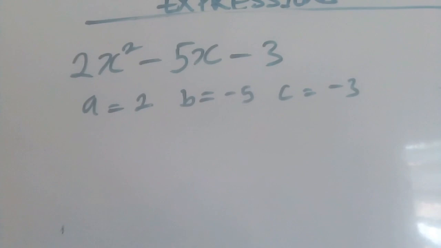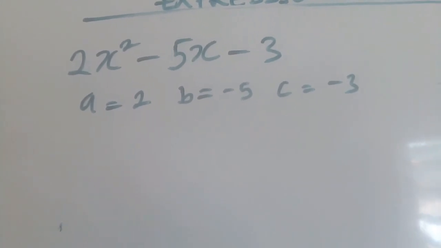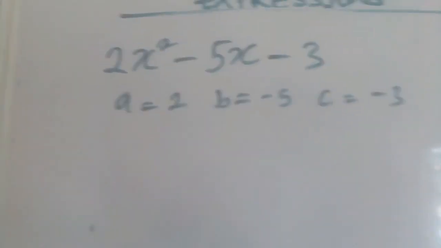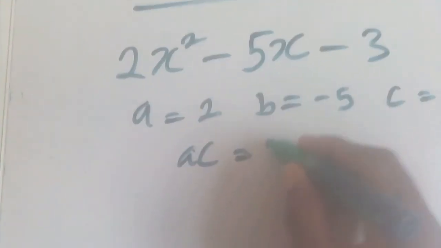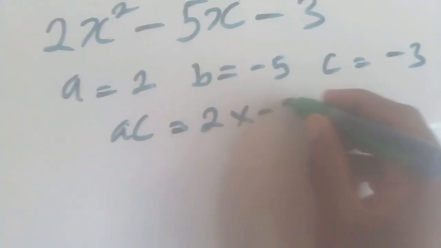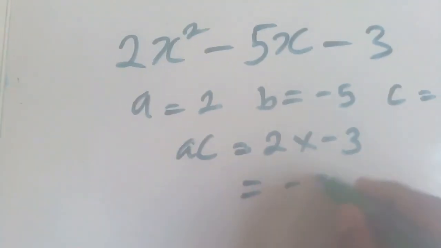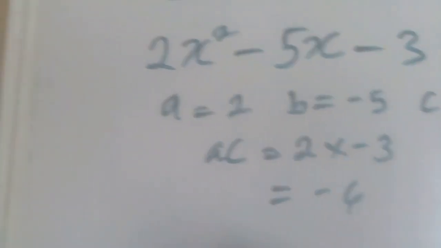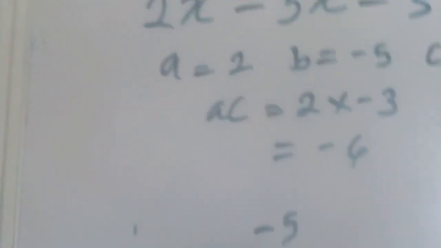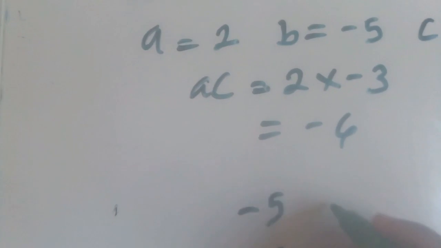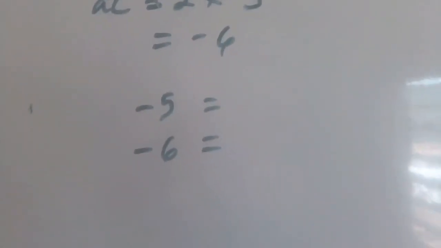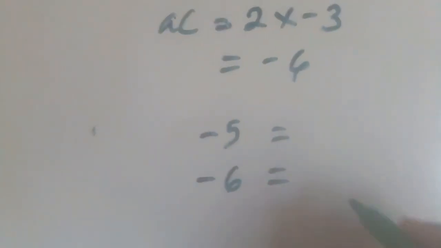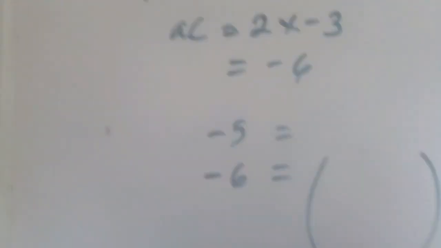So since our a is greater than 1, we cannot use minus 3 as the number. We need to multiply a and c. So we have 2 times minus 3, which gives you minus 6. So in this case, we will take minus 5 and minus 6. Now we are looking for two numbers that we multiply together to give us minus 6, and when we add them together it should give us minus 5.